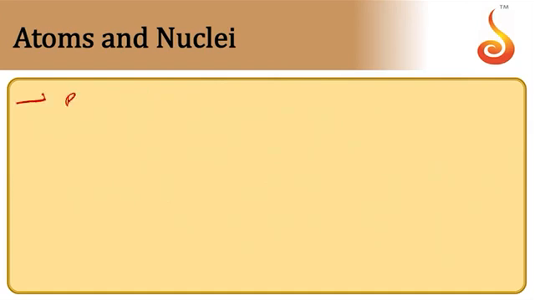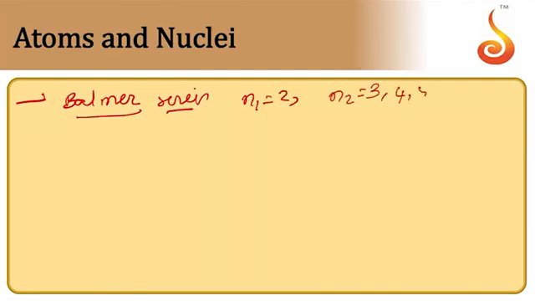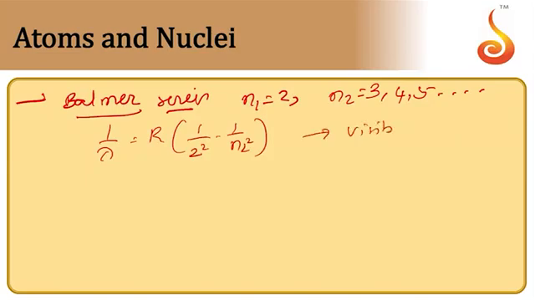Likewise, in the case of the Balmer series, N1 is equal to 2, N2 is equal to 3, 4, 5, etc. We can write 1 by lambda as R into 1 by 2 square minus 1 by N2 square. This lies in the visible part of the electromagnetic spectrum.